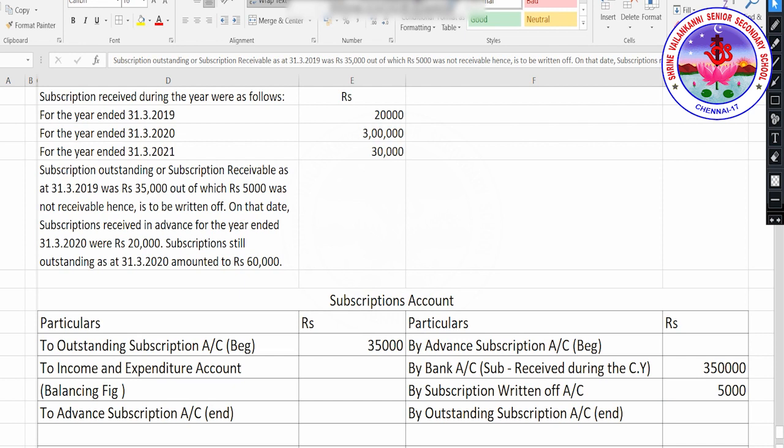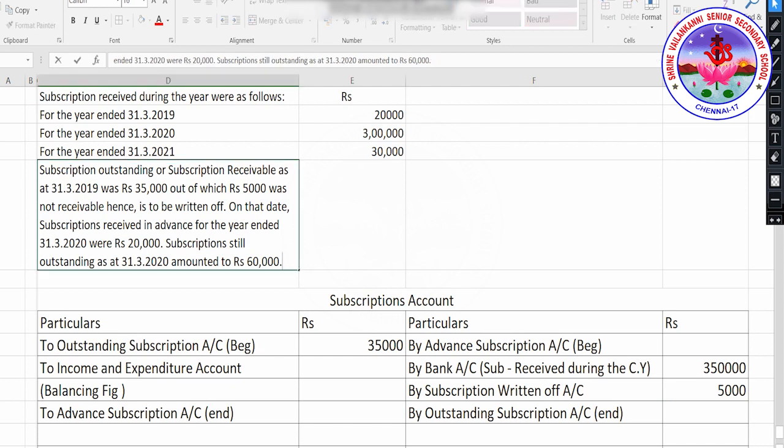Now 31/3/2020 is at the beginning, right? 31/3/2020 is at the beginning because subscription was received in advance for the year ended 31/3/2020. So received in advance, I'm going to write 20,000 here.